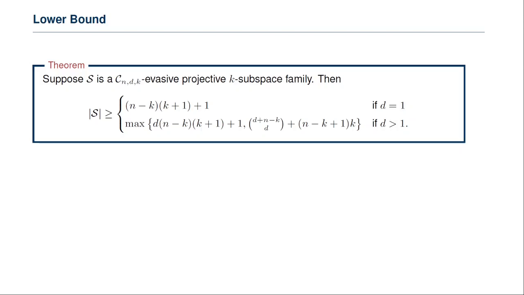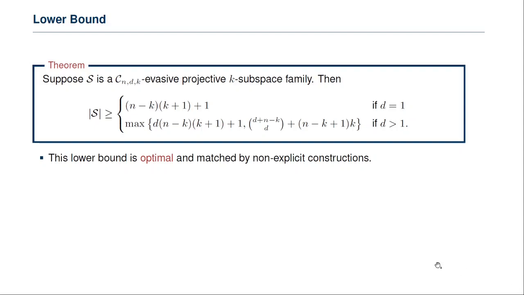Then we show that the size of S must satisfy this lower bound. I want to note that this lower bound is optimal and can be matched by non-explicit constructions.